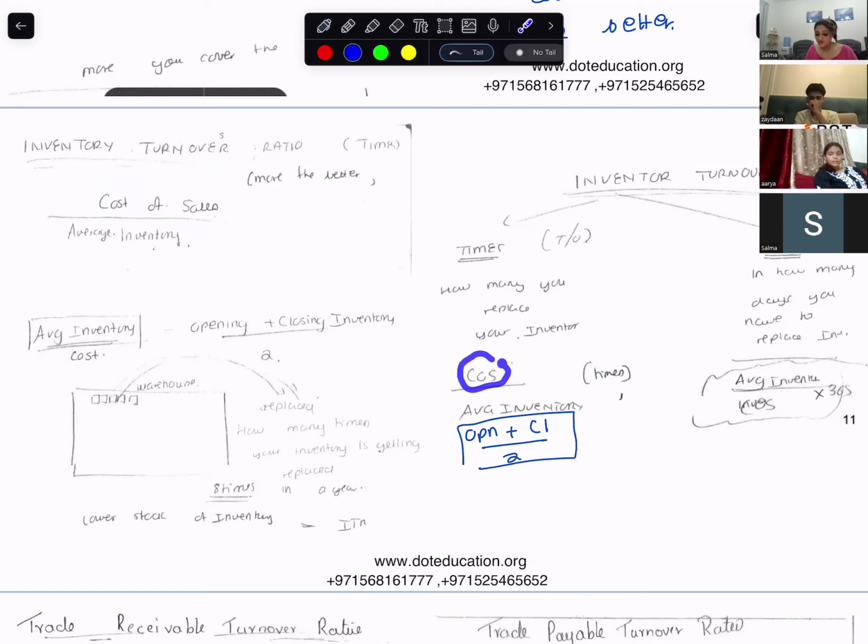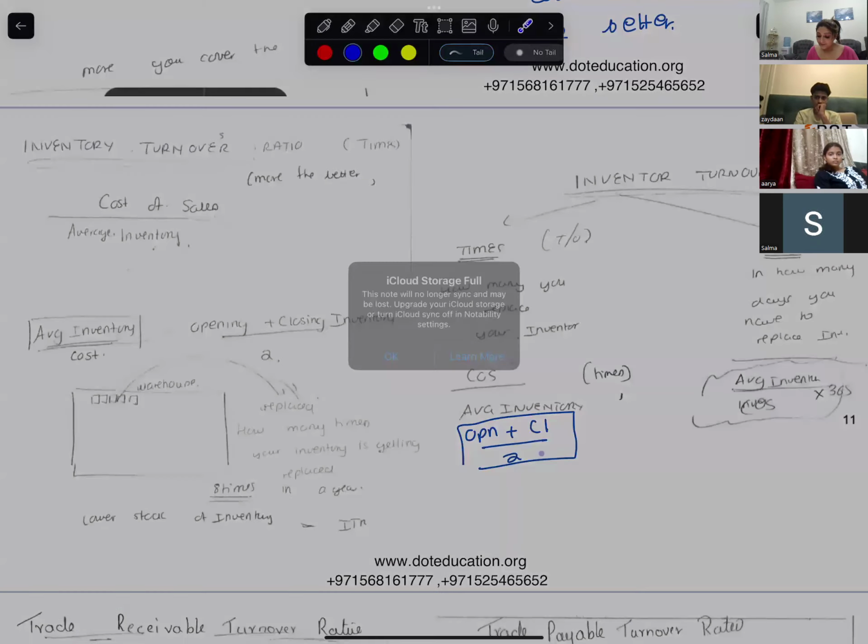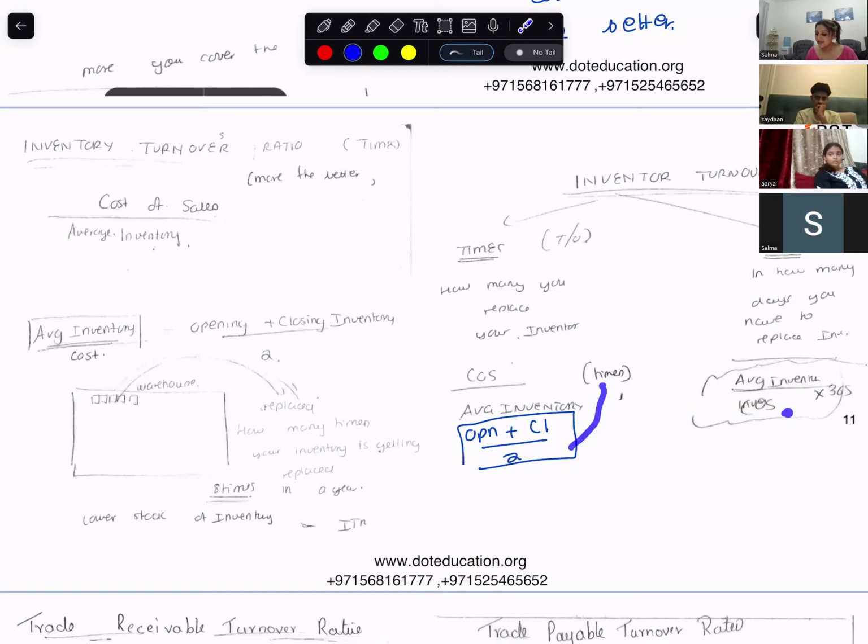When you say cost of sales over average inventory, that means how many times your stock is getting replaced, how many times your stock is getting converted to sales. If you reverse this formula, you get an answer in days. That means in how many days your inventory is getting converted into sales.